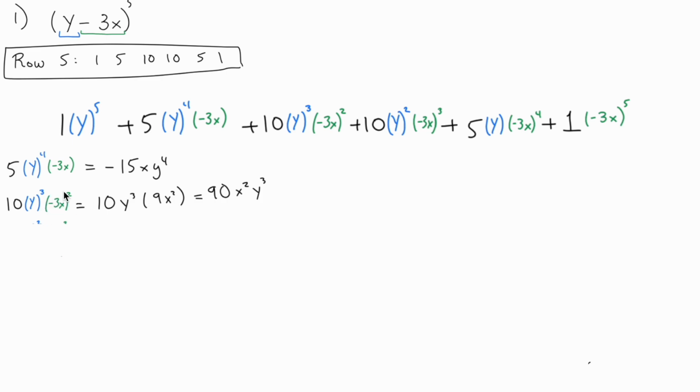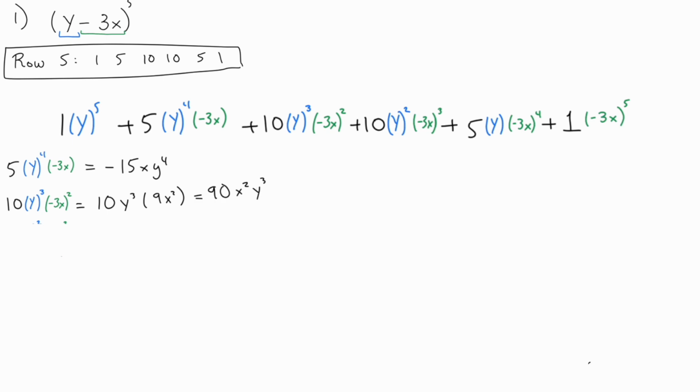I am turning this negative 3x squared into a 9x squared, because the little number 2 goes to the negative 3. So negative 3 squared is 9, and x squared is x squared. Then I can do, as in the previous term, 10 times 9, 90. It's a positive 90 x squared y cubed. So the second term is negative, but the third term is positive. Be careful with that one.